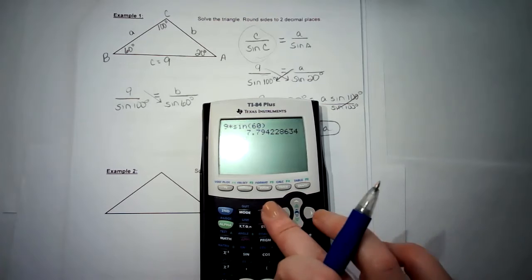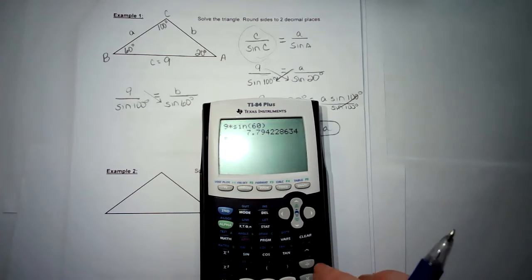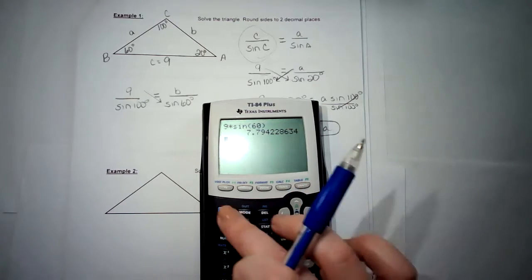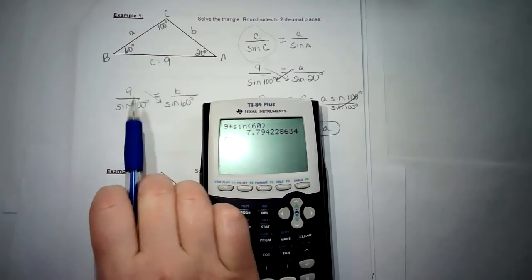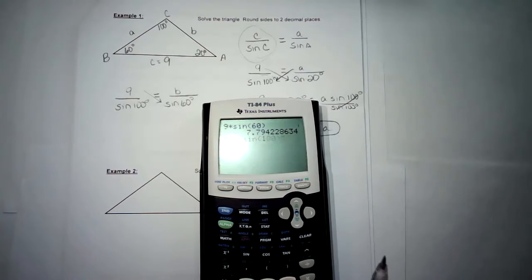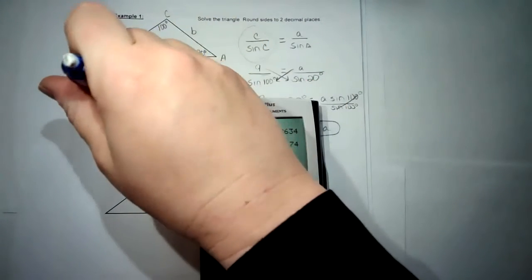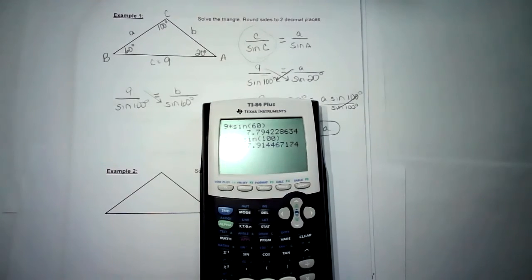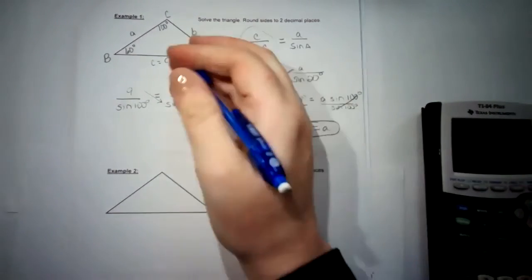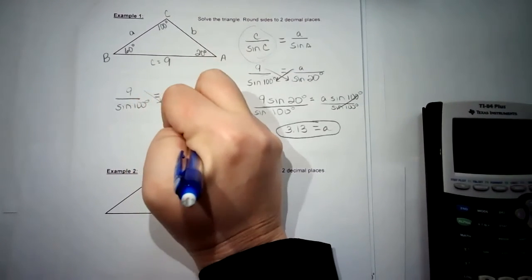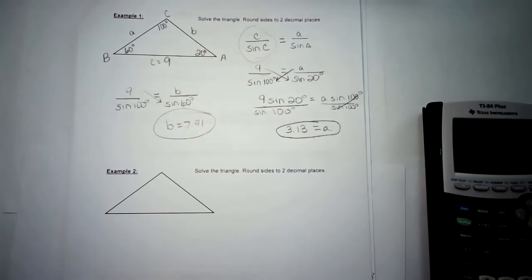Then I divide by sine of 100, and my B is 7.91. So I multiplied the two that I had, divided by the one that was still on the bottom, and B is 7.91. And there we go, I'm done.